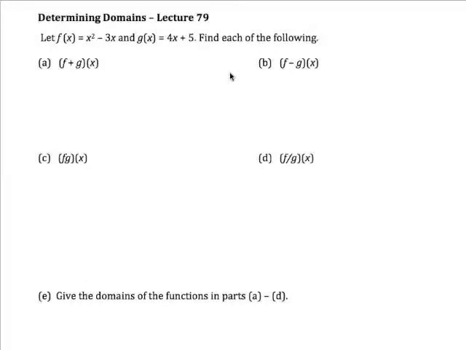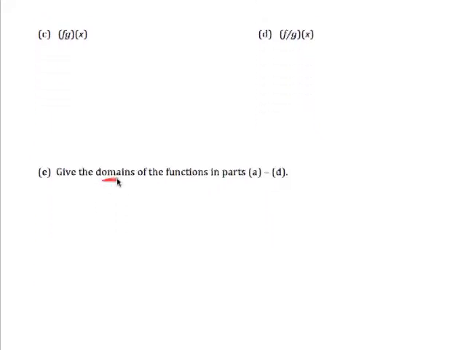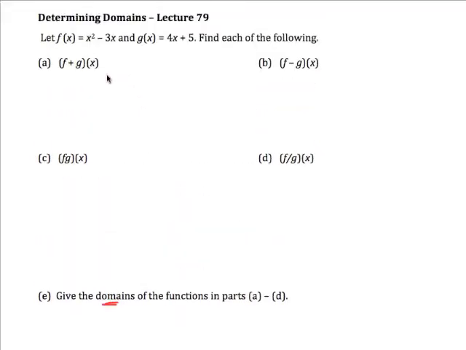Okay, in this lecture we're going to again talk about the operations of addition, subtraction, multiplication and division for functions, and then, very importantly, how to find the domains of the functions produced by these operations. Right, so the first thing is, what about f plus g of x?